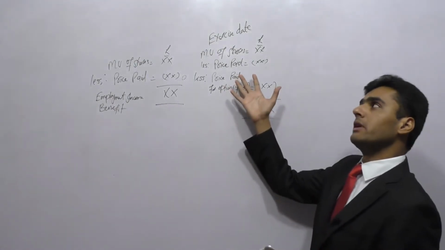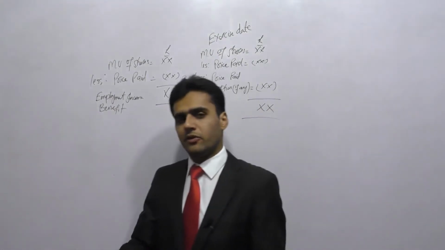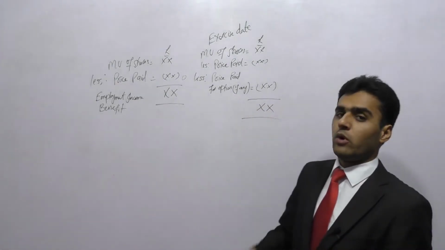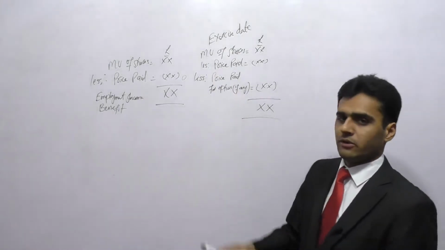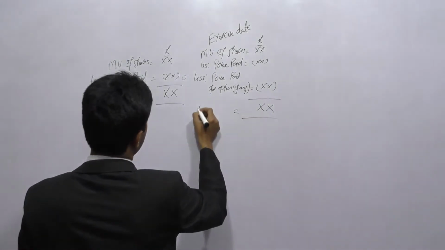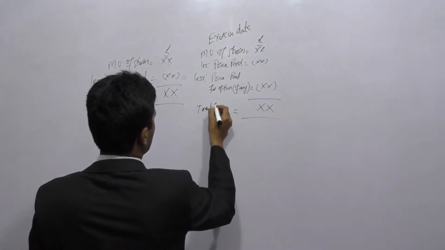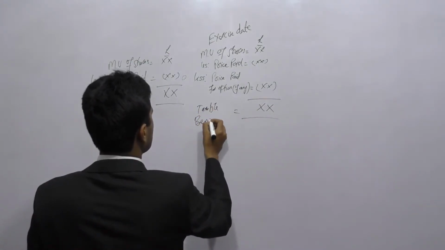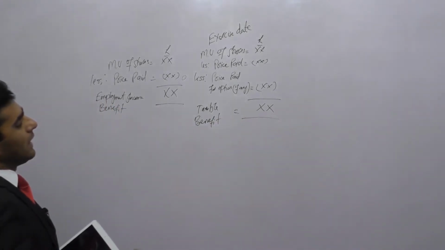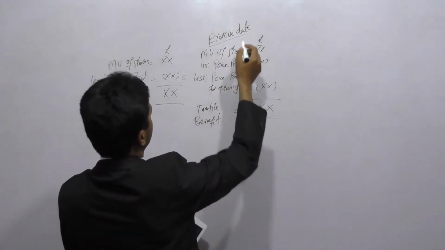Now the exercise date is the date when you eventually buy the shares. So it will be a tax benefit when you are going to buy the shares. So that is the exercise date, and this amount is going to be our taxable benefit, and that is only on the exercise date.